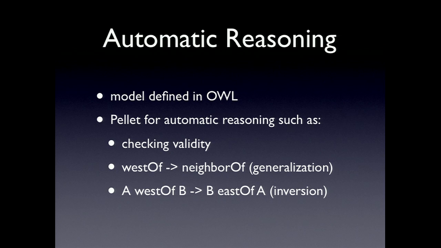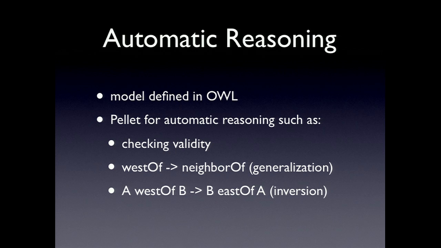What you can also do is automatic reasoning. Since we have a model defined in OWL and we have relations within the model, we can use a Pellet reasoner for checking validity in the model, which is important during development because we make a lot of mistakes, and it makes our life easier if we can identify these problems very early.